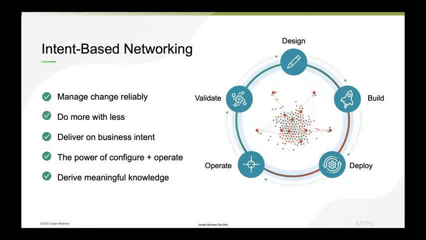One device is physically connected to another, or logically connected to another. These nodes represent individual elements in that fabric. It might be a physical switch, or a port, or a link, or a BGP peering session. And the lines between these nodes represent how they relate to each other.